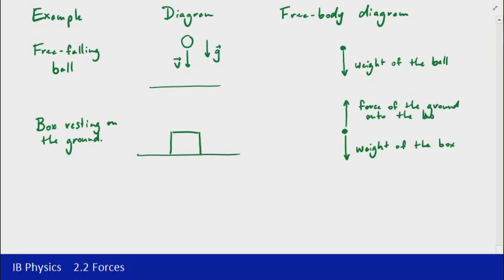Notice in this diagram that the size of the force arrow up is the same as the size of the force arrow of the weight of the box down. We know with Newton's first law, forces acting on an object will be balanced if the object is stationary, and so those two force vectors will be the same length.